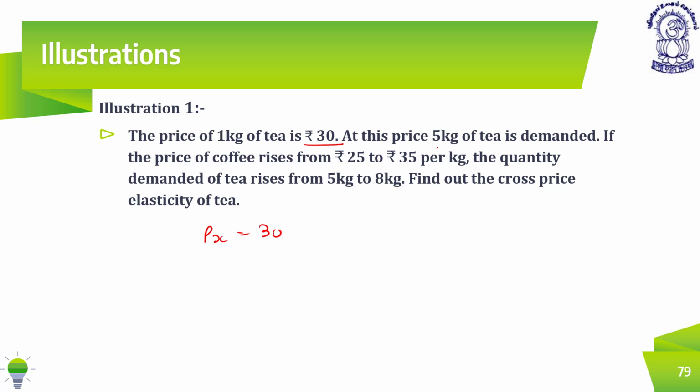At this price, 5 kg of tea is demanded, so Qx is 5 kg. The price of coffee rises from 25 to 35. So Py is 25, P1y is 35. Change in Py is 25 minus 35, so it would be minus 10.